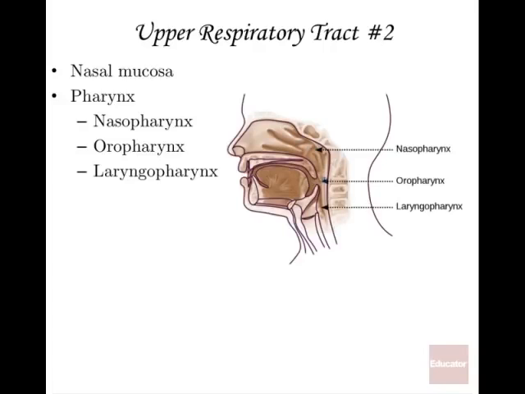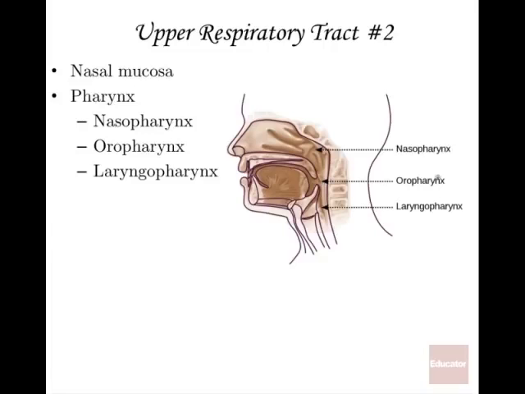I know it's nasty, but that mucus drainage is going to go down your throat. And that's great in terms of protecting your body. If you're catching bacteria and viruses in the mucus of your nasal cavity, a great way to finally kill it is when you swallow it and it goes down your throat, down your esophagus, into your stomach. The acidity of your stomach is usually enough to destroy those things.